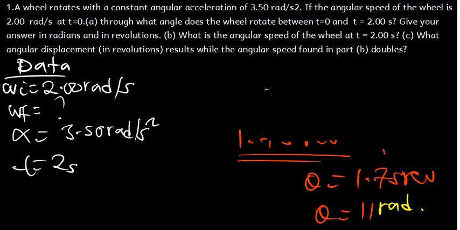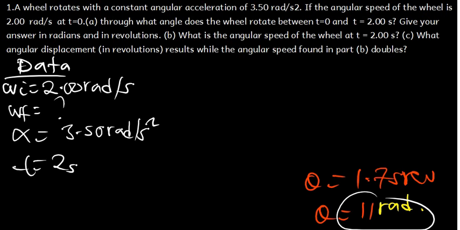Now let's go to question 2, which is B. Question B is saying, what is the angular speed of the wheel at t equal to 2? So when t was equal to 2, what is the angular speed? That is the question. Okay? So in this case, I can use the first equation where I can say the angular final is equal to the angular initial plus alpha times t.